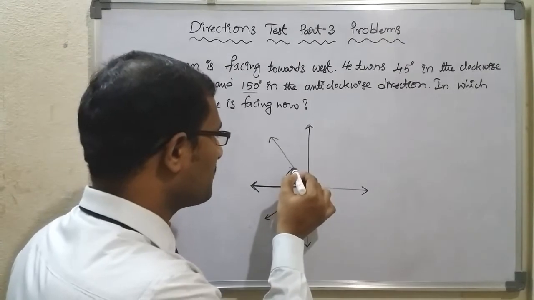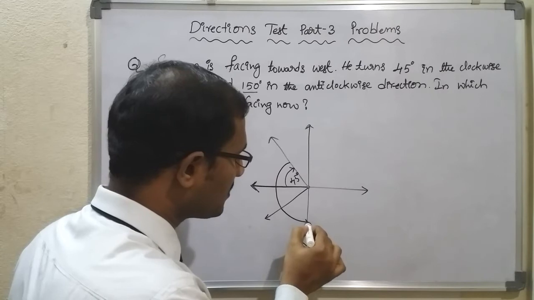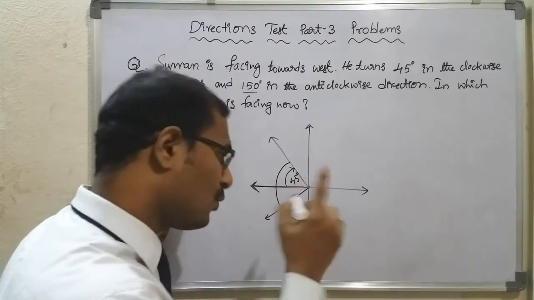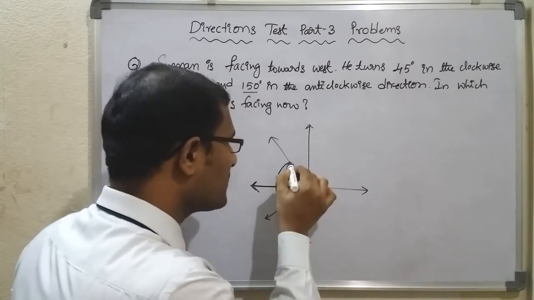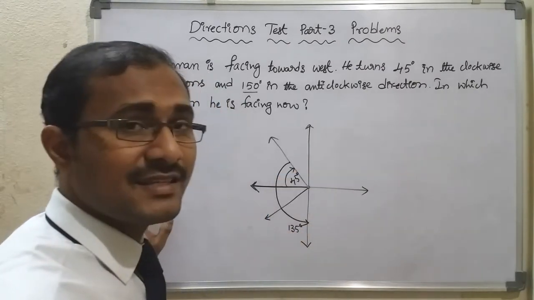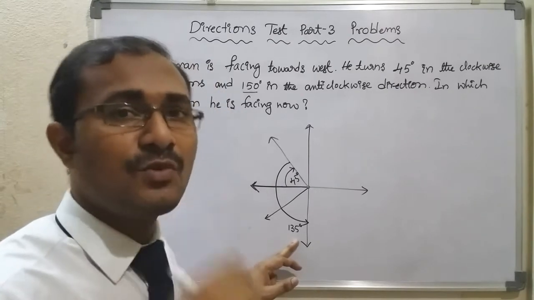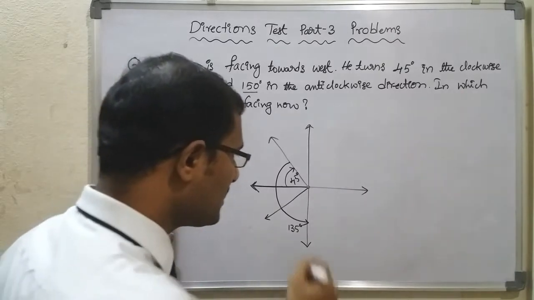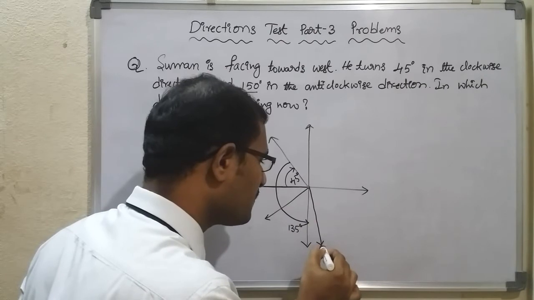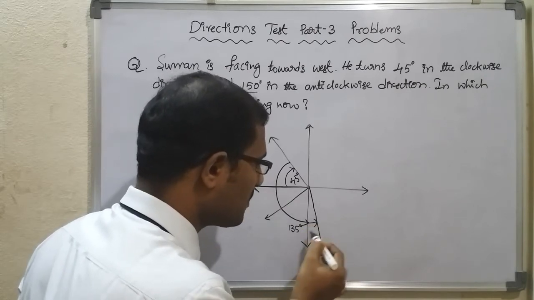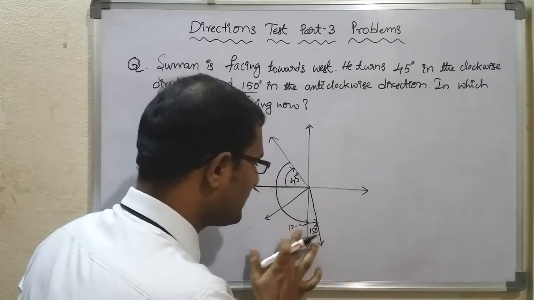From here to here it is 90 plus 45, that is 135 degrees. From this point to this point 135 degrees are covered. So still 15 more degrees we have to cover. It means this line enters into this quadrant just like this. So I can say up to here it is 150 degrees.